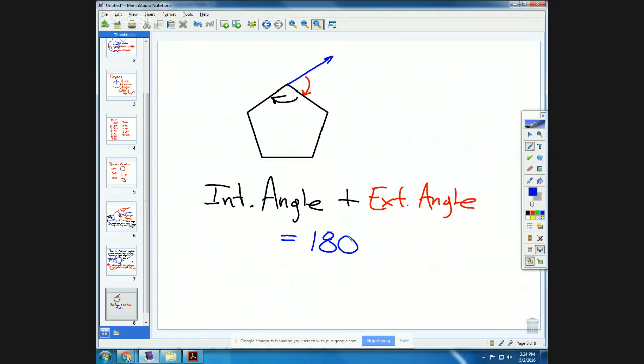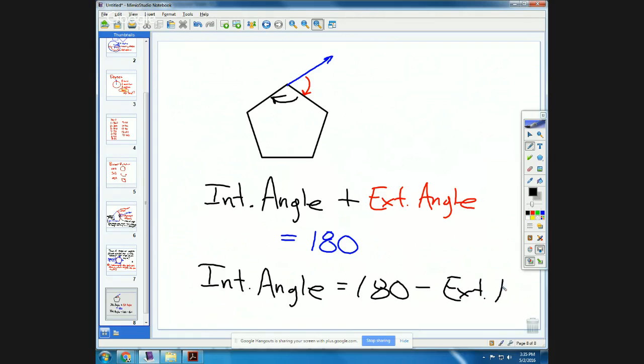So if I know the interior angle and the exterior angle add up to 180, then I can always use one to find the other. If I know the exterior angle, then the interior angle is always going to be 180 minus the exterior angle.